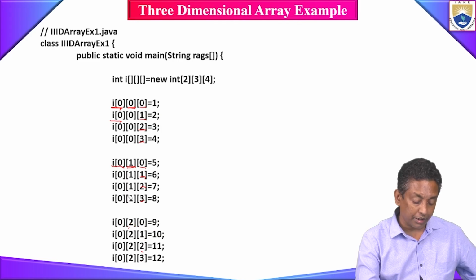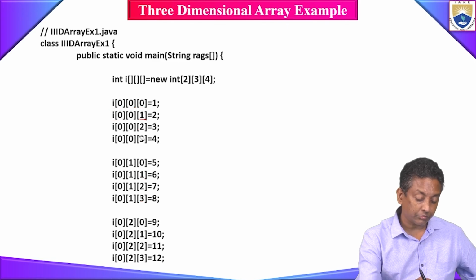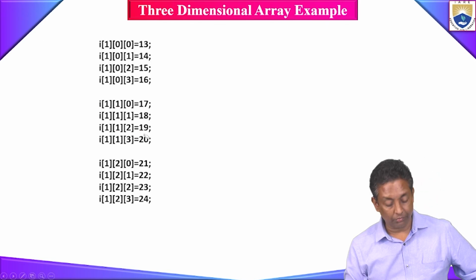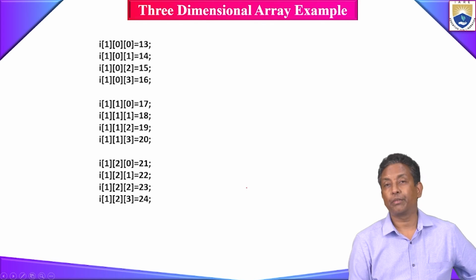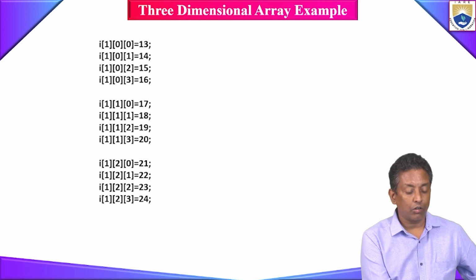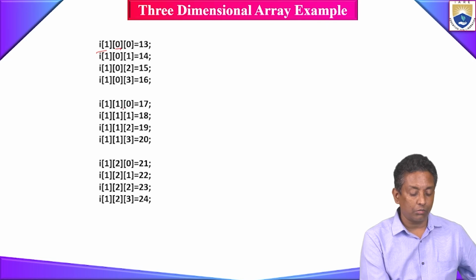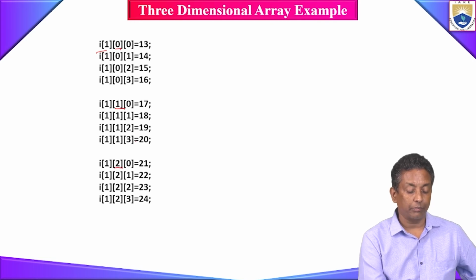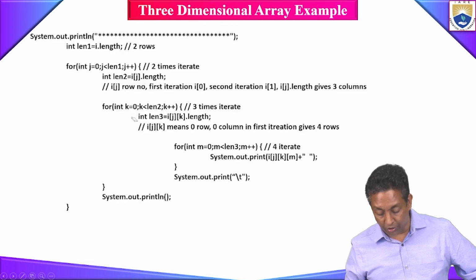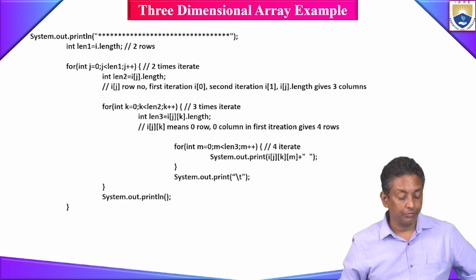Altogether 12 values are initialized here. One more set of 12 makes 24. And again, row number 1: 0th column, first column, second column, each with 0, 1, 2, 3. Altogether 24 values are assigned.